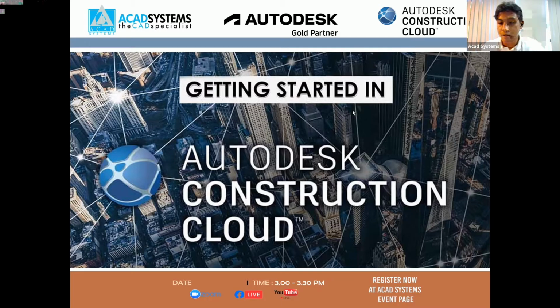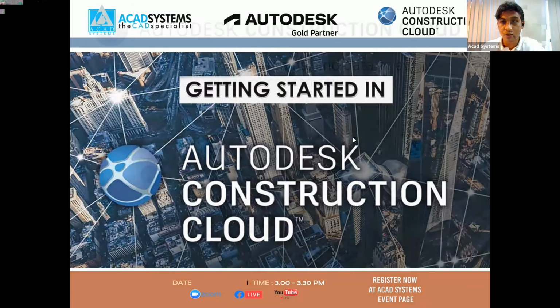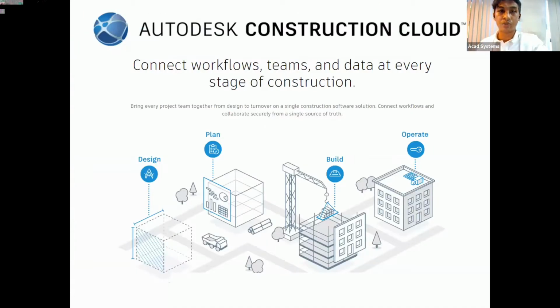All right. So before we learn about how to add in projects and all the members, I would like to explain a little bit what is Autodesk Construction Cloud, or ACC. I will be referring to it as ACC after this.